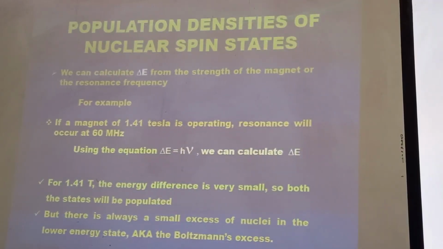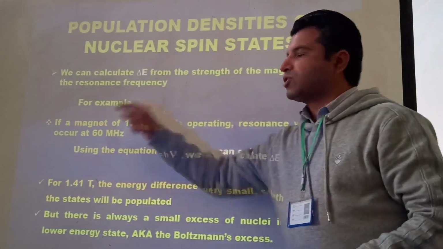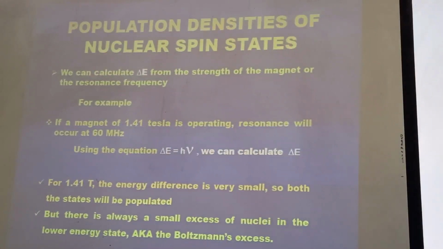What does it mean? If you have an NMR machine that has a magnet installed in it, and its strength is equal to 1.41 Tesla, and you put your protons inside this magnetic field, an energy gap is developed between the alpha and beta states. That energy gap would be large enough that it will allow you to operate your radio frequency transmitter at 60 megahertz.